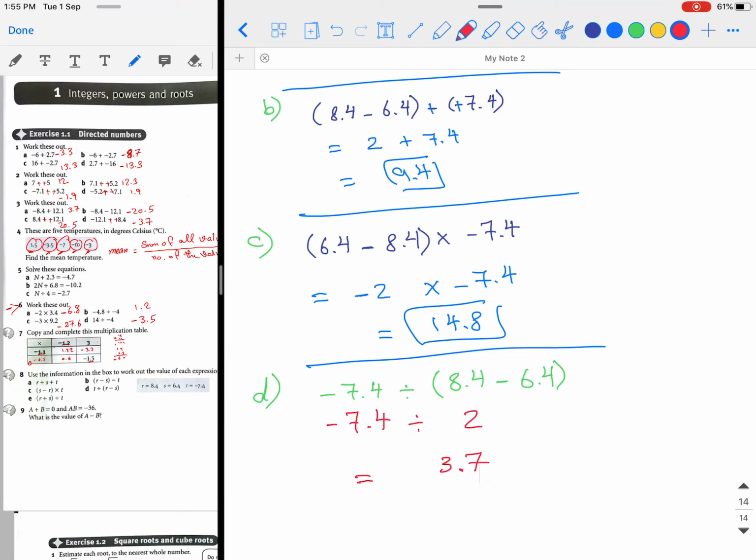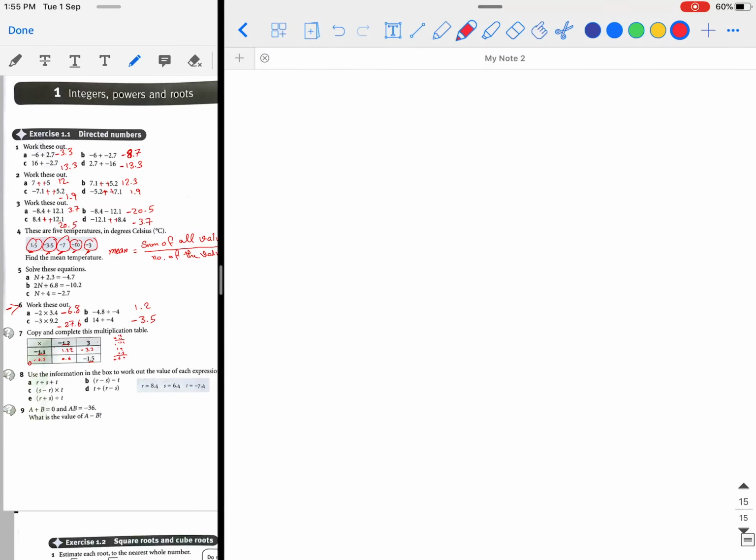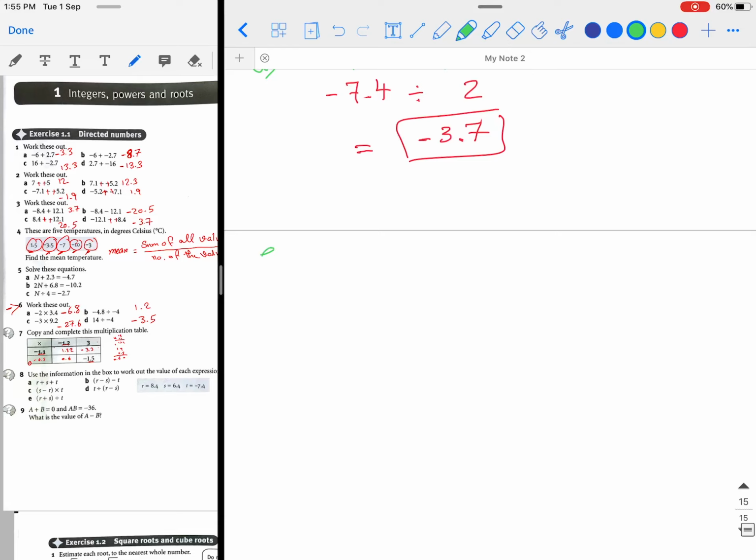But what about the sign? Negative and positive, that means the result will be negative because they are two different signs. Okay. Last one, letter E, it's R plus S, that means 8.4 plus 6.4, all divided by T, that means negative 7.4.